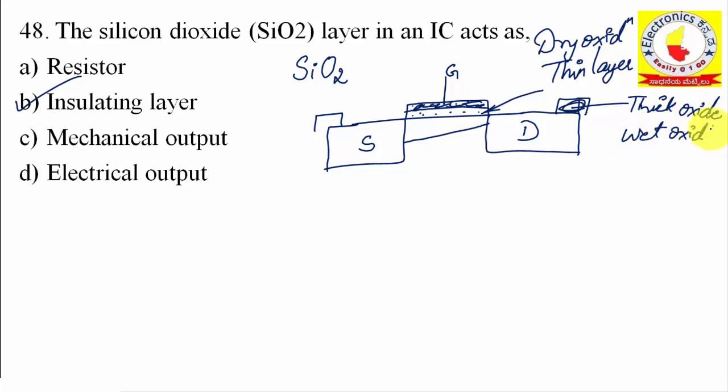In the case of dry oxidation, yield is good, but process time is very large. In the case of wet oxidation, yield is less, but the process speed is very very fast, right? Which option comes? Option B is going to follow.